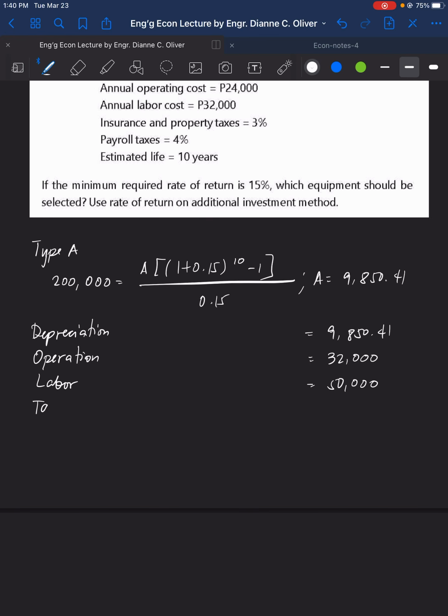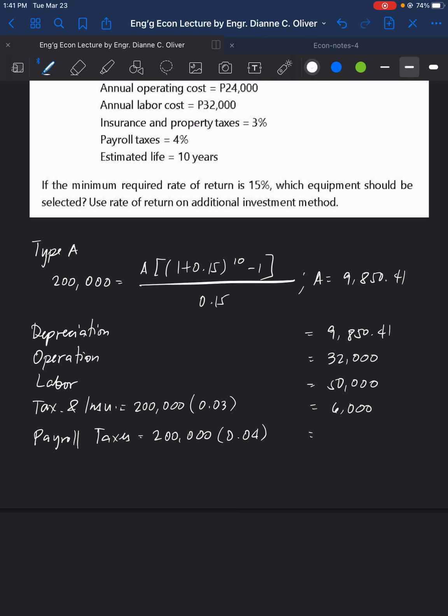Taxes and insurance, that is 200,000 times 0.03, that is equal to 6,000. Then payroll taxes: that is 200,000 times 0.04.